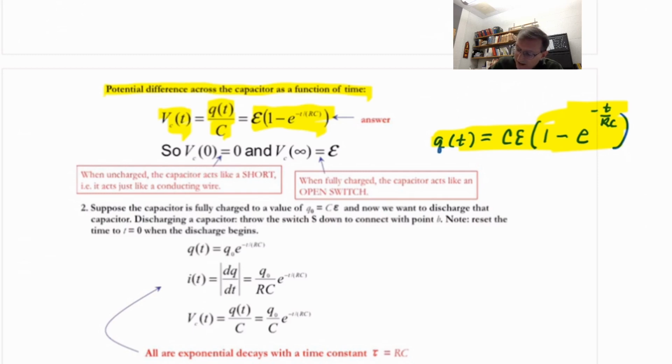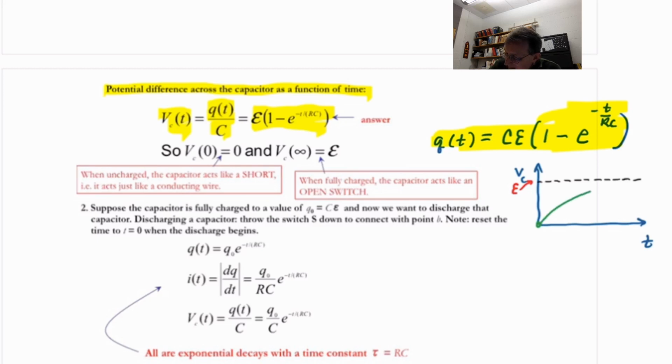So if we plotted VC versus time, or sketched it over here, just a sketch, at time 0, I have 0. As time approaches infinity, I approach an asymptotic value of the EMF, and then it just smoothly grows towards that.